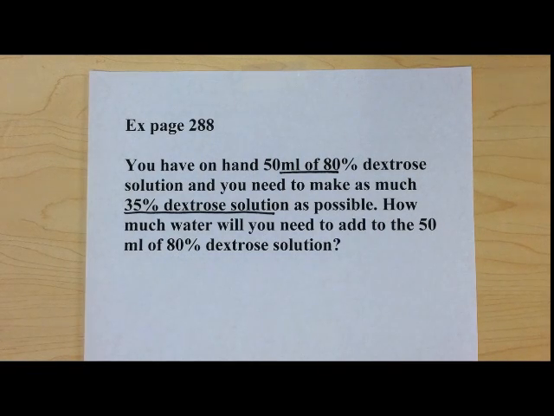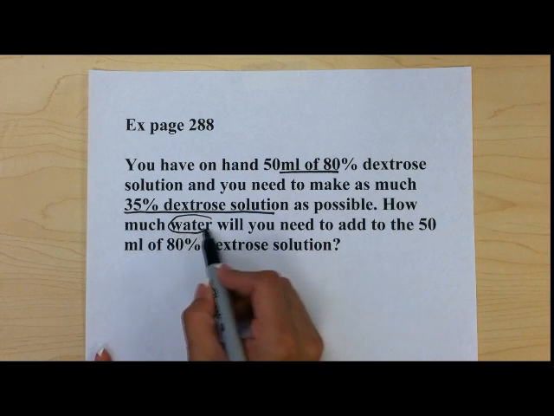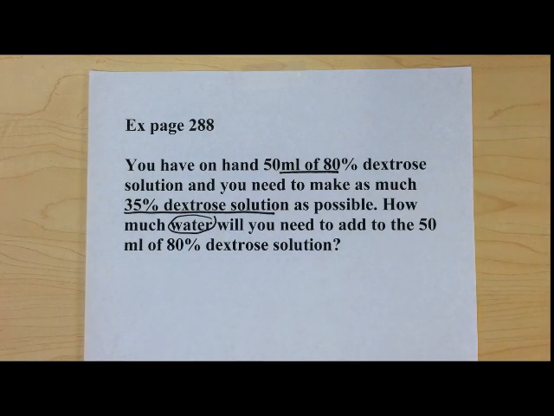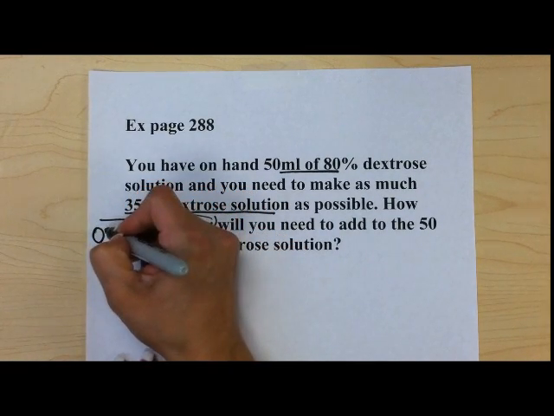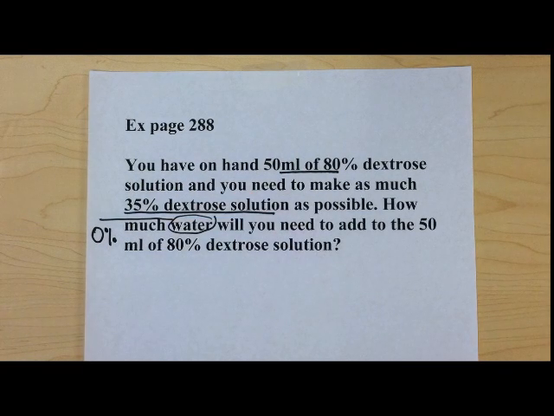Anytime you see water or some other ingredient that is not contributing drug, that's actually a 0% solution, or it could be referred to as the diluent. Think of how we did it with powder volume.